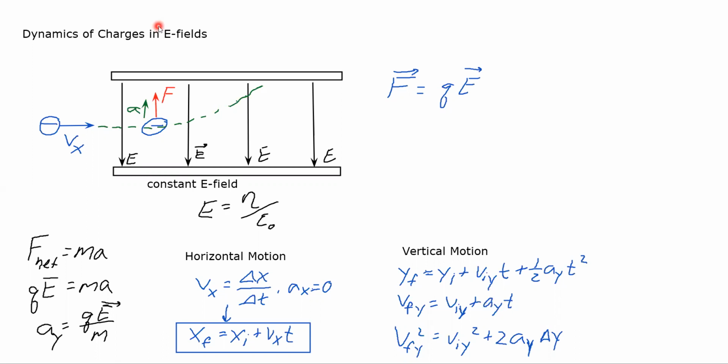So this only works if this electric field is constant. If the electric field is not constant, our kinematic equations won't work here, so we would have to derive new equations starting from Newton's second law, which would be a bit more work.